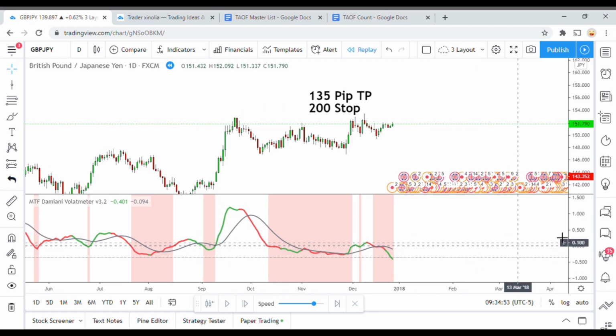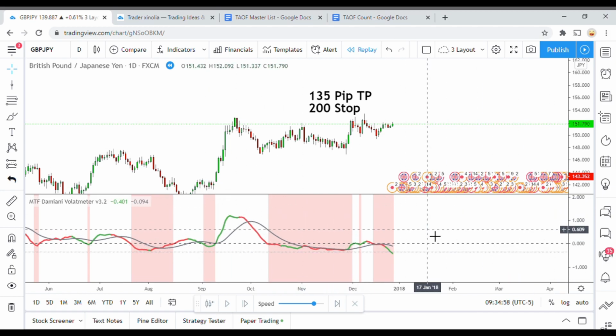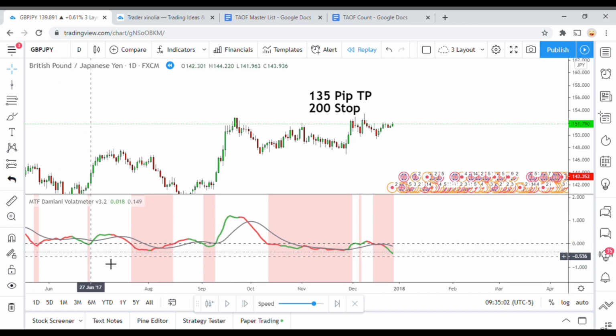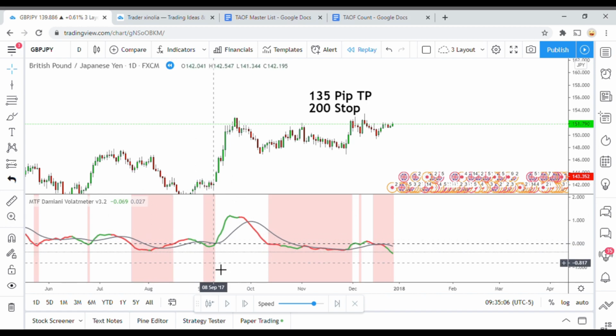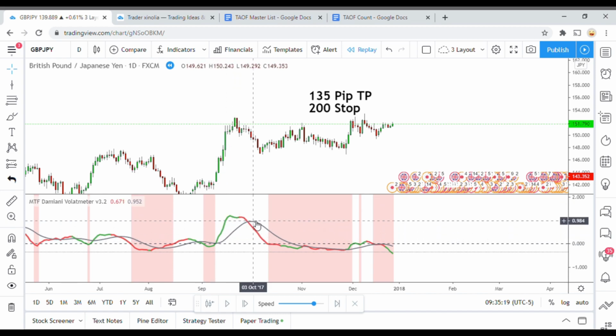So what we are looking for now is, very similar to the last video, a white background, which we will get more frequently now that we've gotten rid of the orange and blue line. And at that point we are looking for the oscillating line to be above the momentum line, so above the gray line.